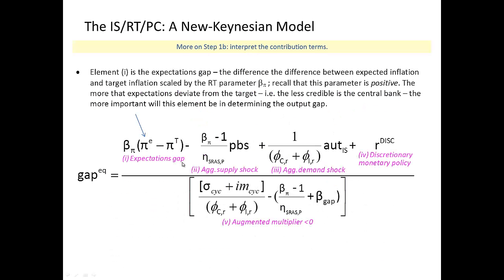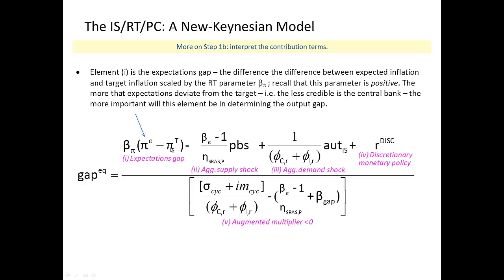So now we can go element by element here in the numerator, and we can ask, what do each of these terms mean? Now, first of all, we have the expectations gap. What is the expectations gap? It's the difference between the expected rate of inflation and the central bank's target, where they say they're going. Now, if the central bank has full credibility, this guy is equal to 0.